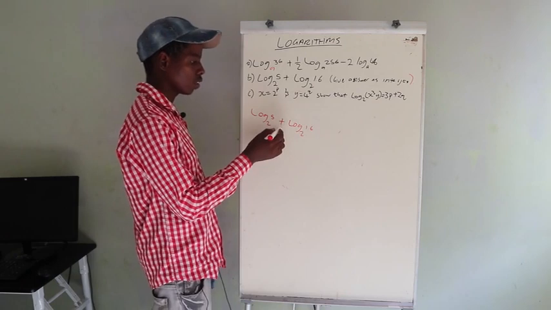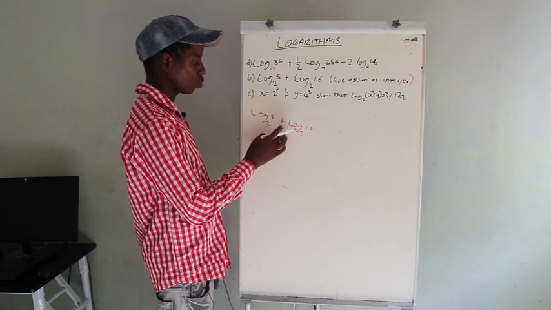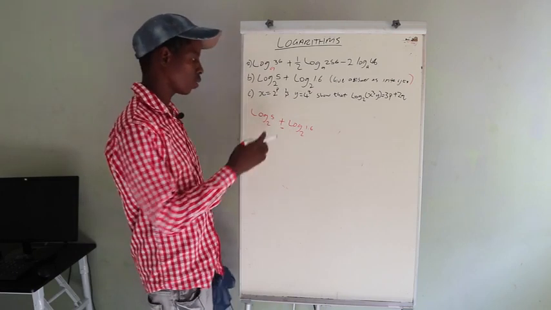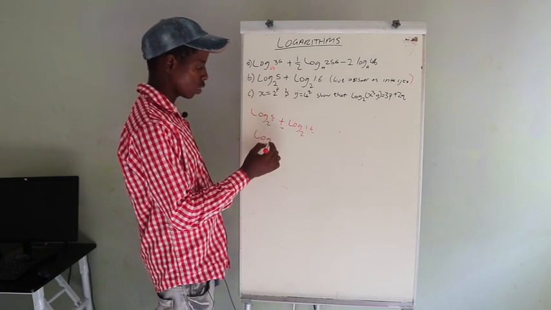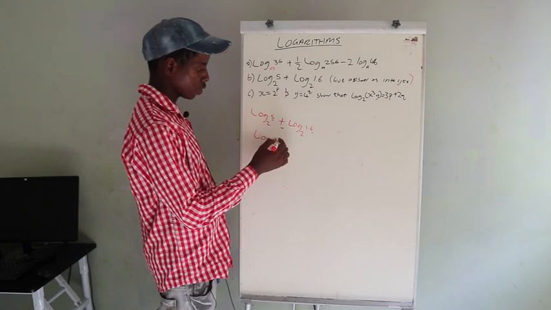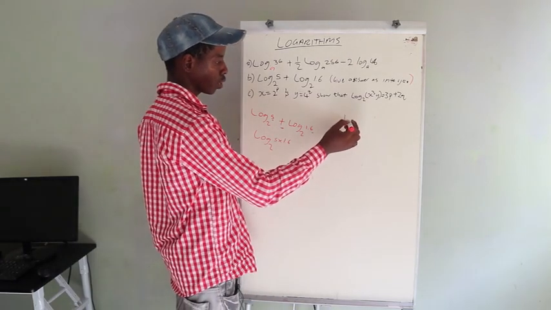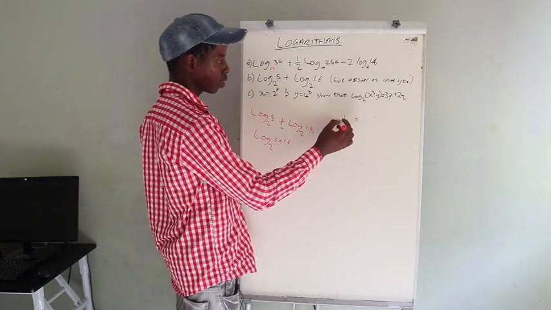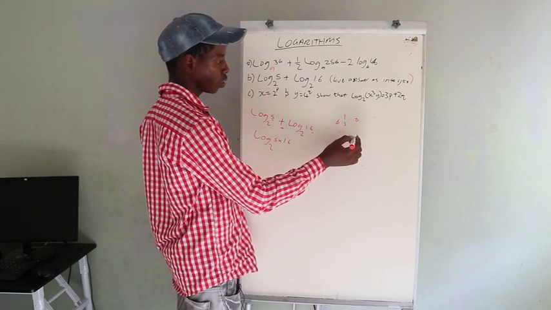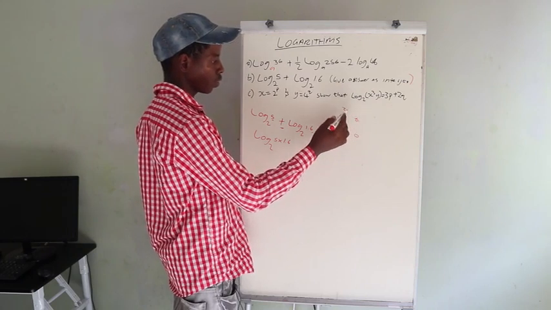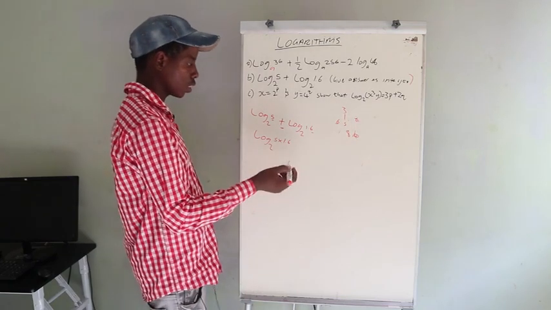Then we know that when we have a plus, since the log base is the same, it's a multiplication. We're going to multiply this and this. So we're going to write log 2 of 5 times 1.6. 5 times 6 is 30, so we don't want this 0, we're going to write 8.